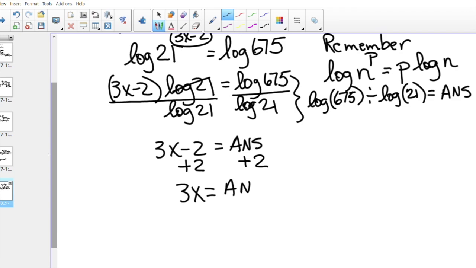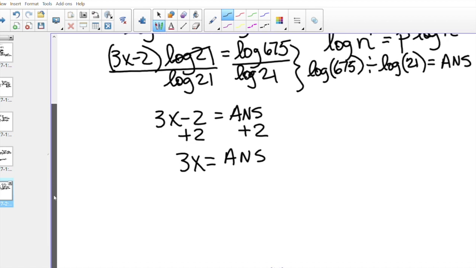Now again, just remember that answer stays on the calculator because we're not finished here. We have to get 3 away from the x, so you divide by 3. Now, we round off our answer, and the answer is 1.380.